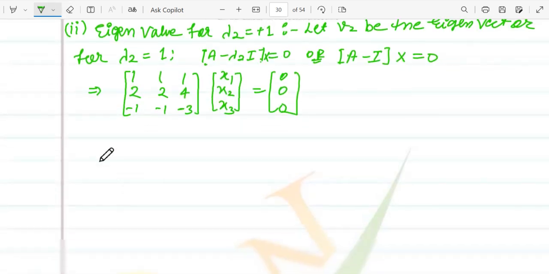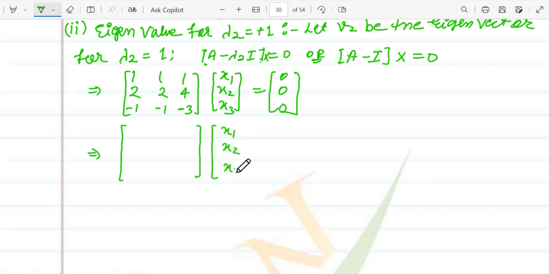Now applying row reduction, apply लीजिए. x1 x2 x3 is equal to 0 0 and 0.